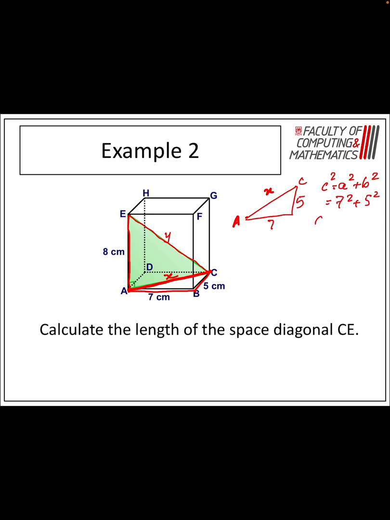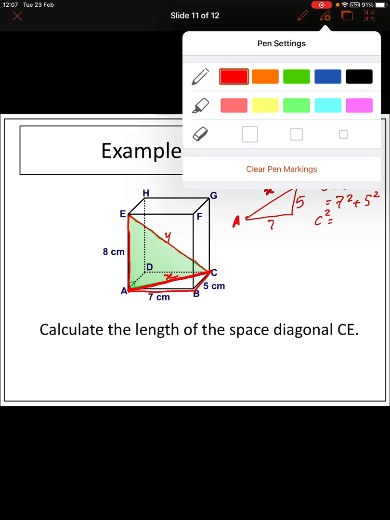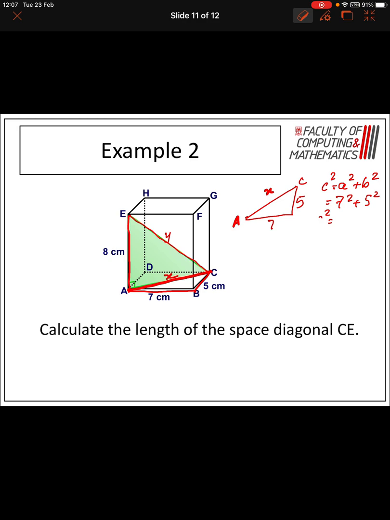Square them out. Sorry, I should change that, x squared I've called it. That doesn't make any difference, but I'll change it. 49 plus 25, so I'll get x squared is equal to 74. Take the square root of both sides, and then x is equal to 8.6.